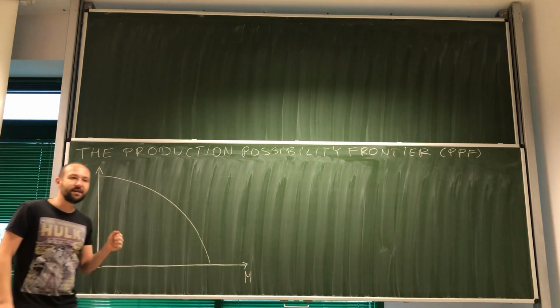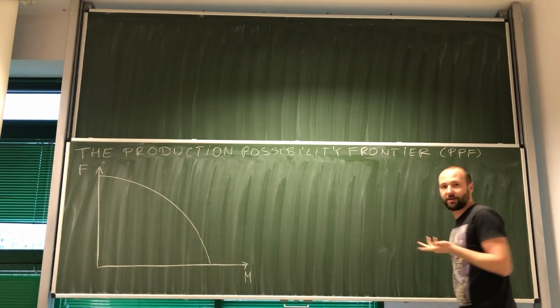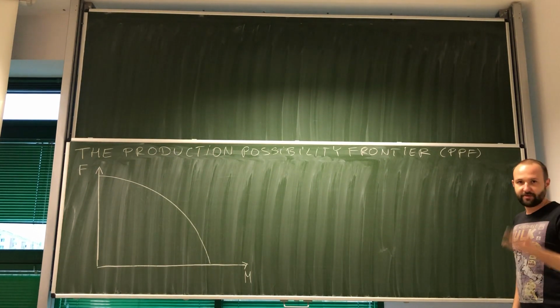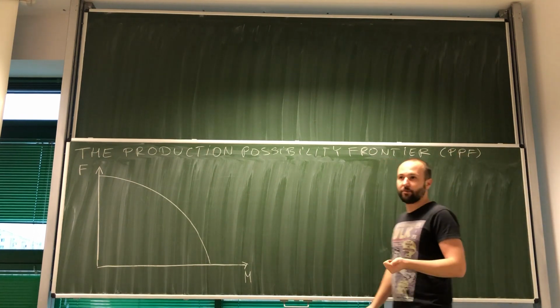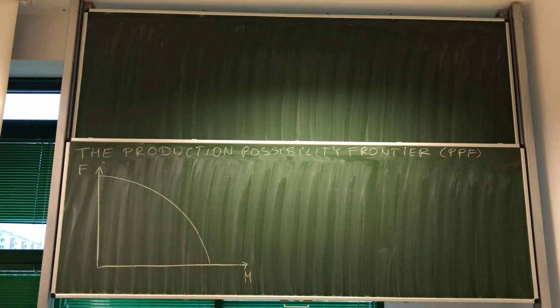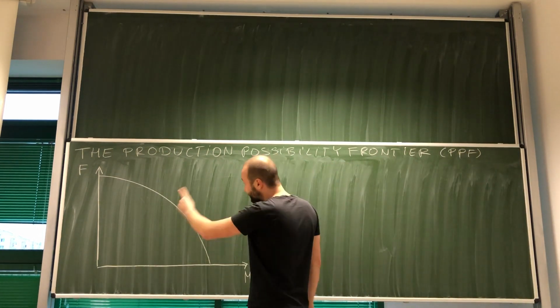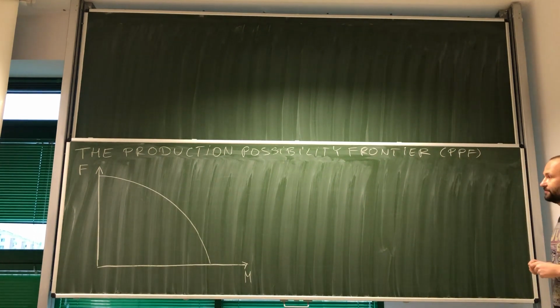First, if we are on the production possibility frontier, it means that all factors of production are used effectively. So in our economy, it means there is no unemployment, every worker is working full-time, and all the capital is used.